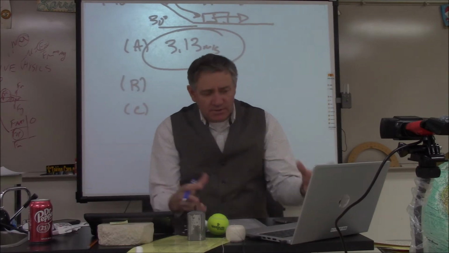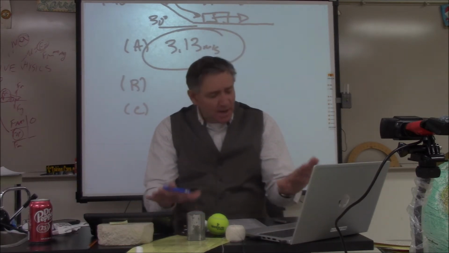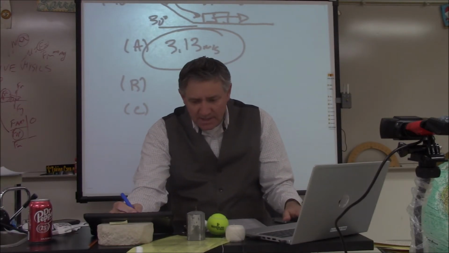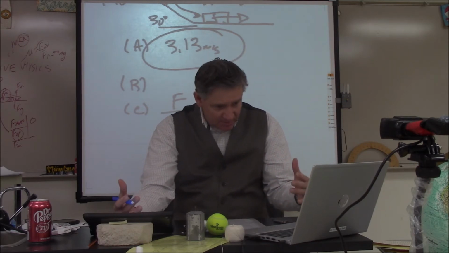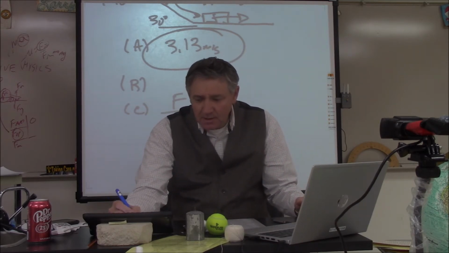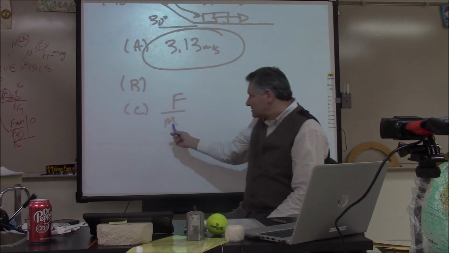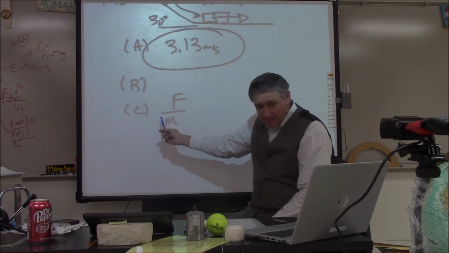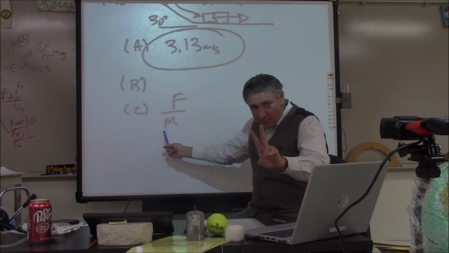Now, when you get to C, we're going to introduce friction into this thing. There's a couple of ways you can work C. One option is to take the frictional force, which I gave you as -5 newtons, and divide that by the mass, but this has to be the combined mass of everything, because that frictional force is now acting on both masses.